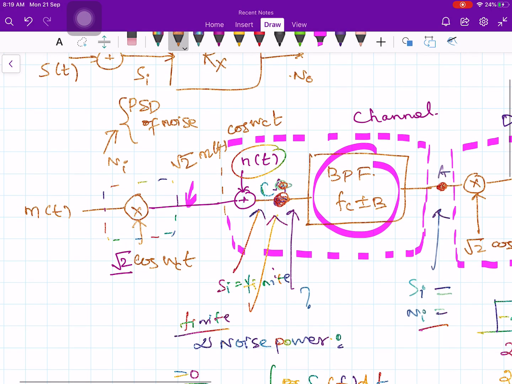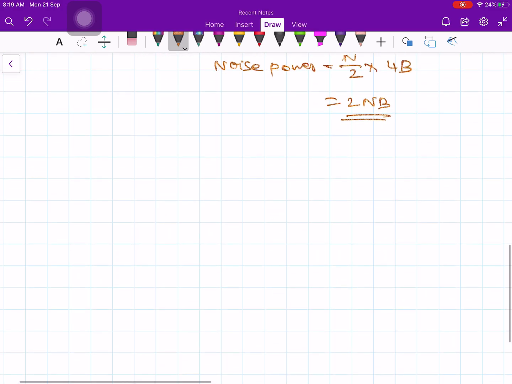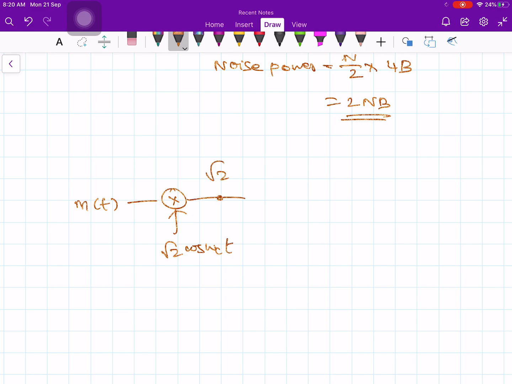Okay, maybe I will see. You have m of t multiplied by root 2 cos omega ct. Therefore, at this point you will have root 2 times m of t times cos omega ct, and this you will give to a band pass filter, and in between noise n of t is getting added.